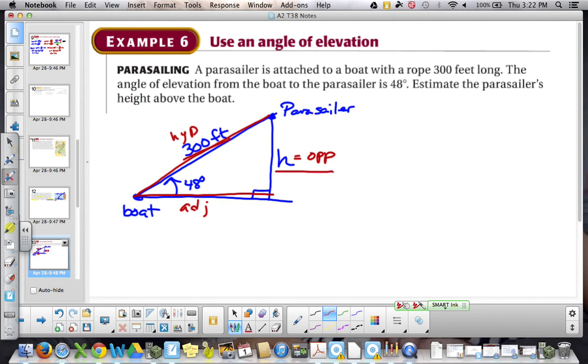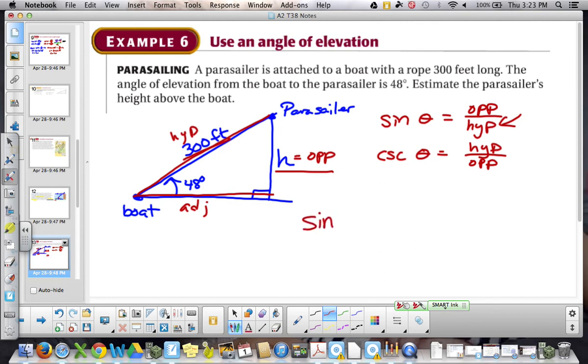We know the hypotenuse, so the two trig ratios that use that would be the sine, right? Because the definition of sine of theta is opposite over hypotenuse. And then cosecant would be the reciprocal, hypotenuse over opposite. Since we know the hypotenuse, and that's in the denominator of sine, that's what we're going to use. So let's set up our equation.